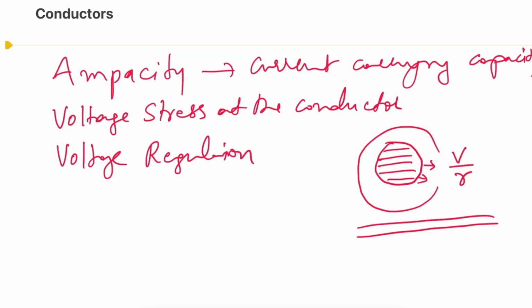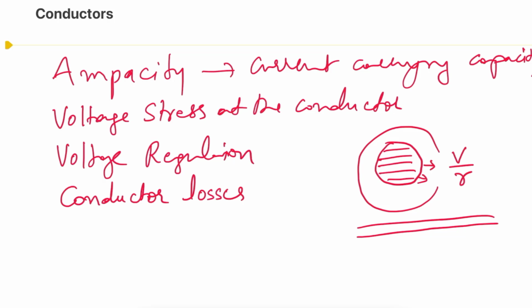So that needs to be considered. Then the next item is conductor losses. In order to reduce the losses, we do need a larger conductor cross section. Therefore, that also determines the size or design of the conductor.